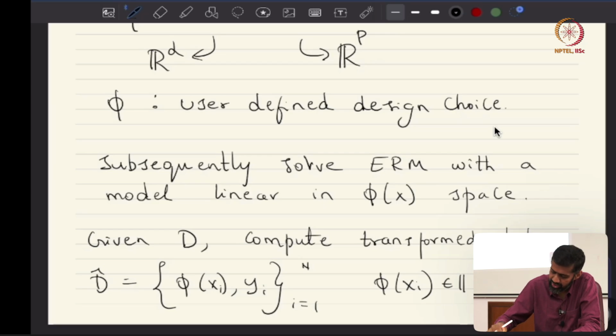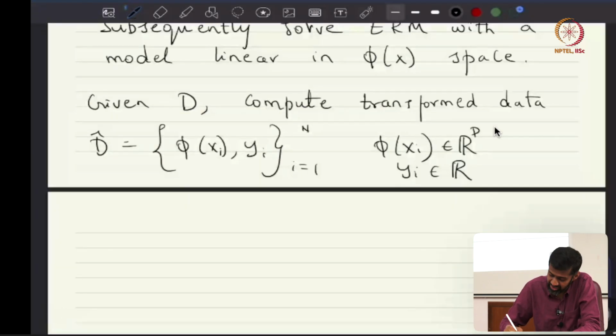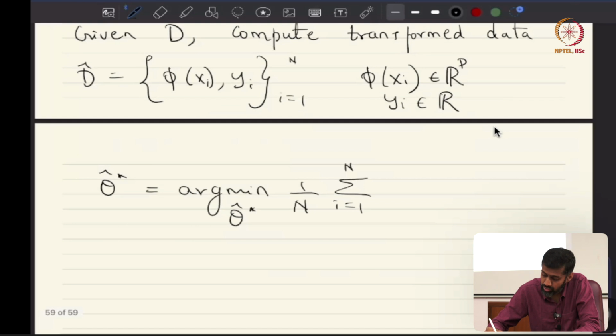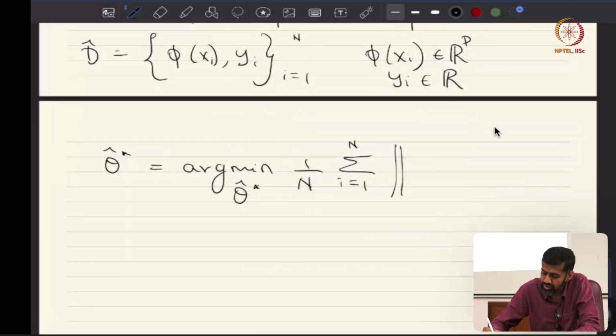Okay. And then what you do is find theta cap star as argmin over theta cap of 1 by n sum of phi of xi transpose theta cap, writing it as theta transpose x.